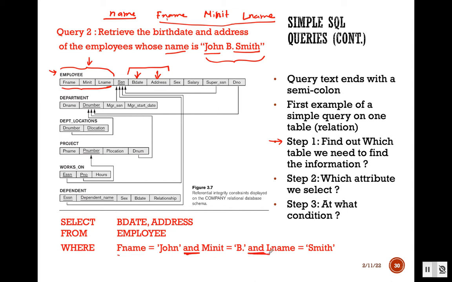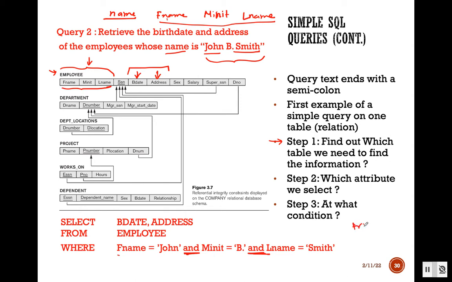The purpose of the AND operation is the same as we learned in our programming language. The AND operation can connect more than one conditional statement, and it will be true only if all the conditional statements are true.